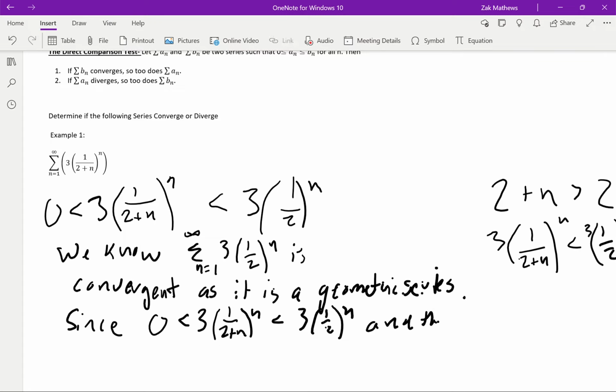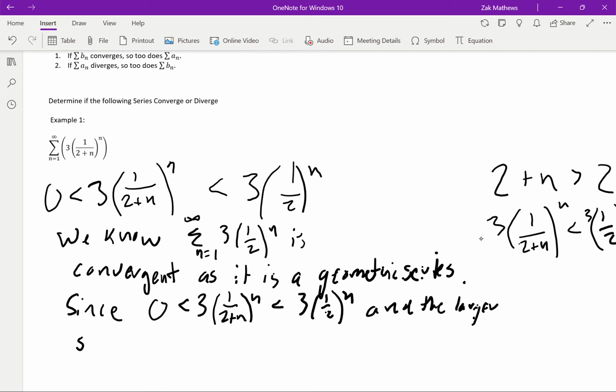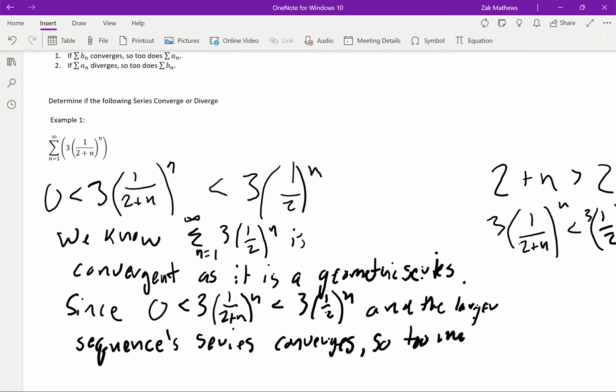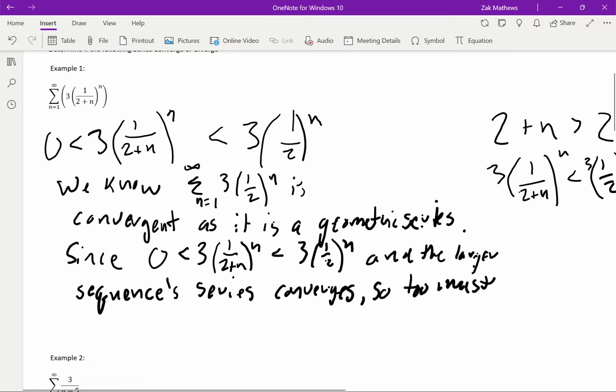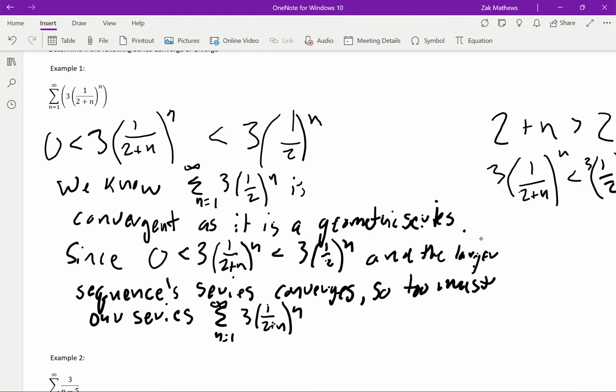The larger sequence's series converges, so too must our series, the summation n equals 1 to infinity of 3 times (1 over 2 plus n) to the n, by the direct comparison test. And I'm going to abbreviate this DCT.